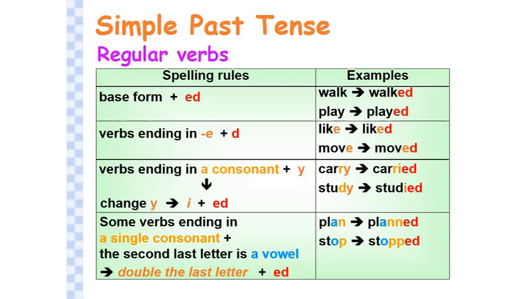So we are going to double the consonant and add an ed. Similar is the case with stop. I doubled the consonant p and added ed at the end just because there was a vowel before the consonant sound. So these were a couple of spelling rules for regular verbs and how we can make the second forms of these verbs.